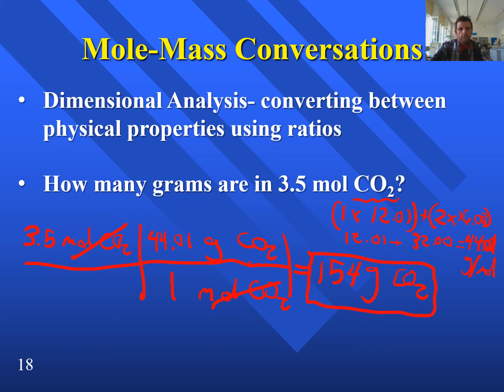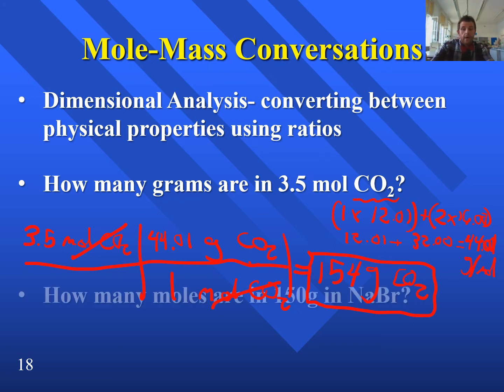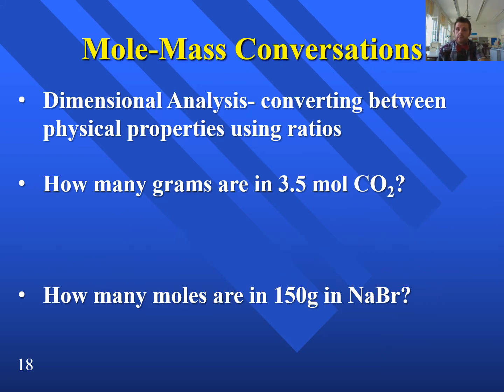Same type of problem, it's just one little bit extra step where you have to figure out how much the whole molecule weighs. I'm going to erase the previous problem so that I can work on this one down here. But you're going to see it's the same exact pattern. So I'm going to find sodium and bromine. Sodium has a mass of 22.99.